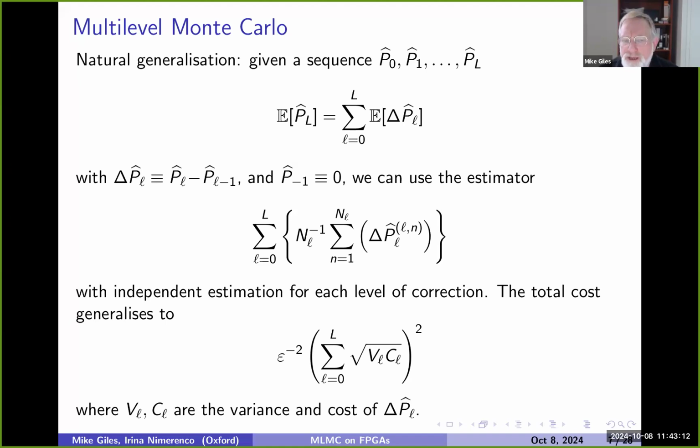So we have independent estimation for each level of correction. We optimize how many samples we use on each level, and we end up with the total cost behaving like this: epsilon to the -2 times the square of the sum of the square roots of VLCL. Okay, so that's a natural generalization of the two-level method.